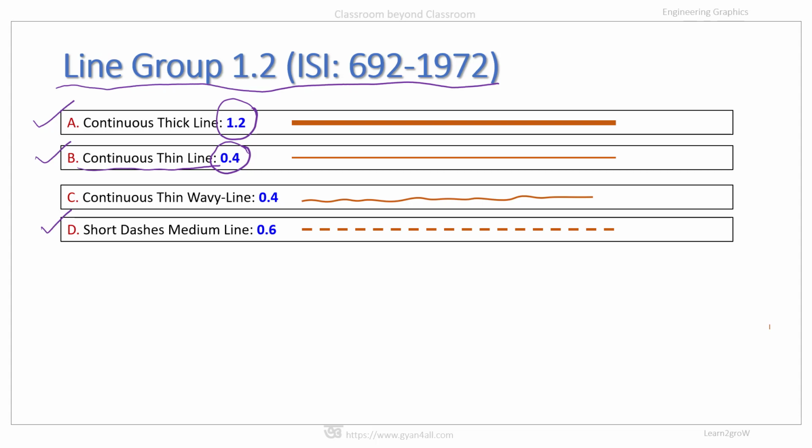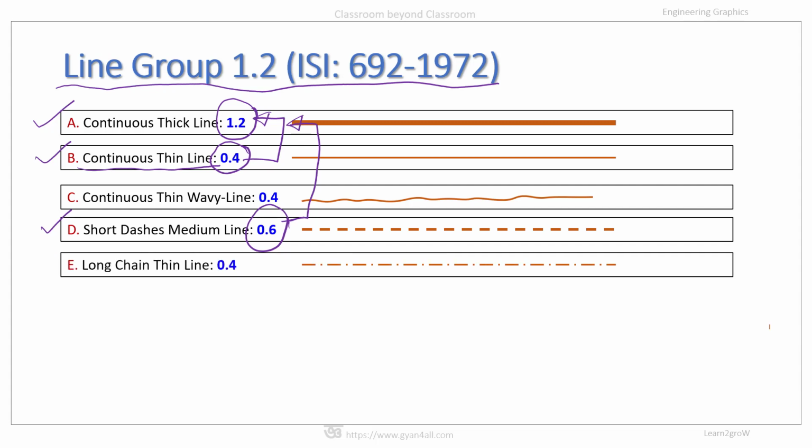Short dashed medium line will have the thickness of 0.6. You can see from the relation, 0.4 and 1.2, that means 3 times the thickness of the thin line.